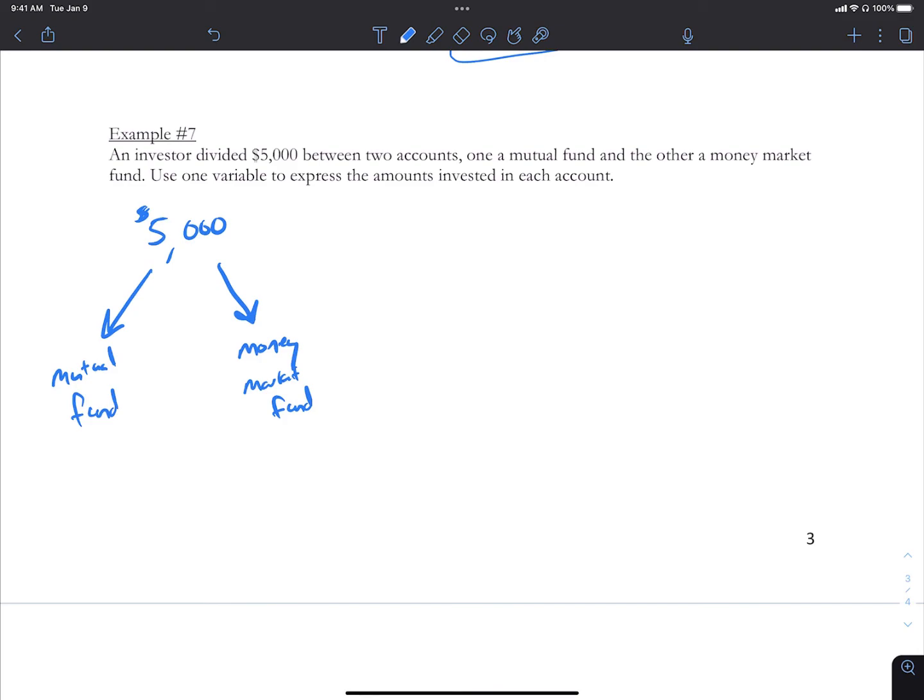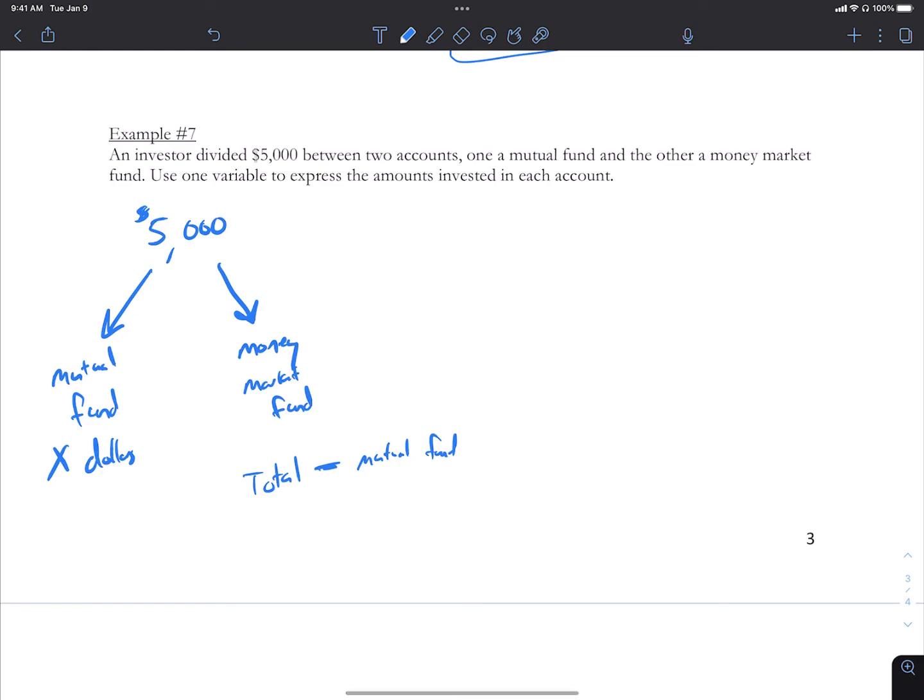So let's say I put X dollars in the first account, the mutual fund. I wrote dollars, so I don't need the dollar sign. Then how much money would I have left to put in the money market fund? Well, that would be just my total minus the amount I put in the mutual fund, because I only have these two options.